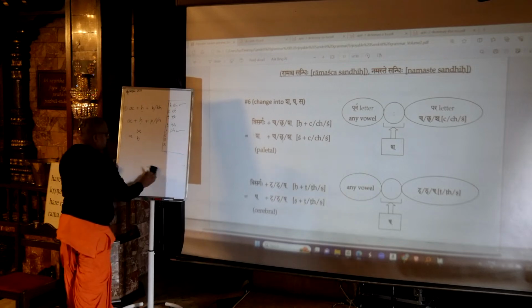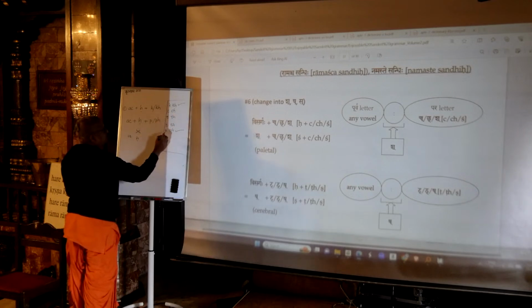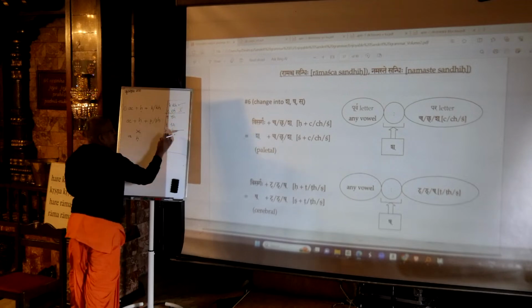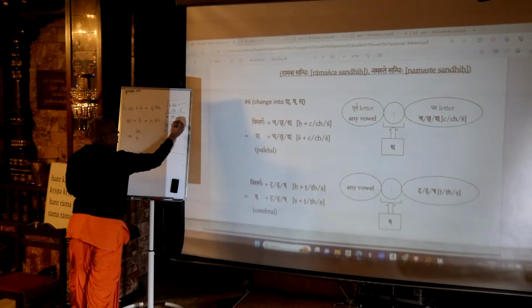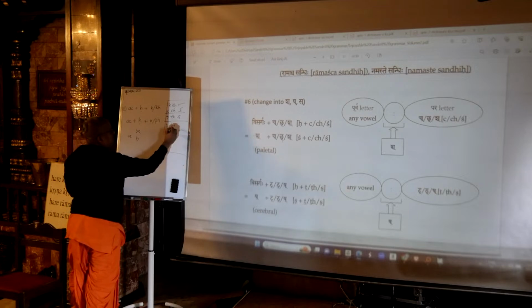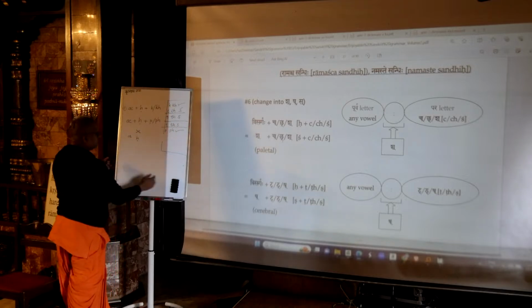We are just finishing off with this. What are we pending with? Chakara, chhakara and shakara, they go together. This is done. Takara, thakara and sakara, they go together. This is done. And takara, thakara and sakara, they go together. So there are these 3 rules and it is done.